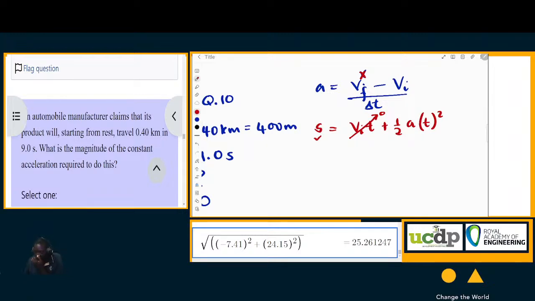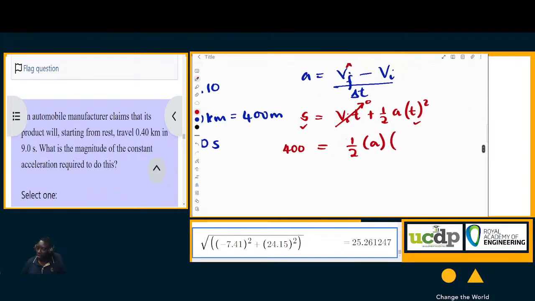We have displacement, we have time. So our displacement, which is 400, is equal to half A, which we want to find, times T squared, which is, what was T, 9 seconds, times 9.0 squared.